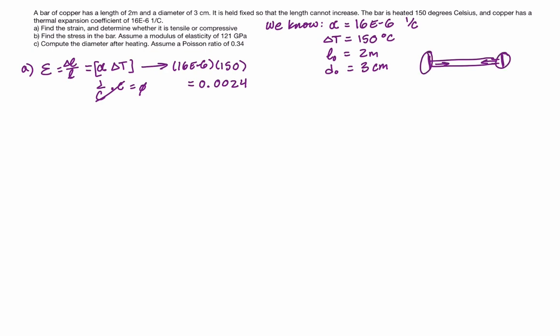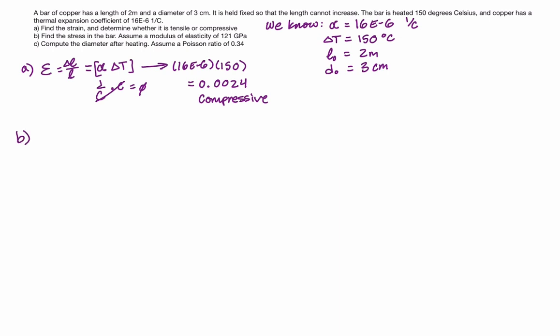However, the bar is going to be expanding or want to expand, which means it's going to feel like the sides, or wherever it's being held fixed, are pushing inward, which means it's compressive. Some people will write that as a negative as well. However, if you state that it's compressive, it's kind of implied that it's in the inward direction. So we're just going to leave it as that.